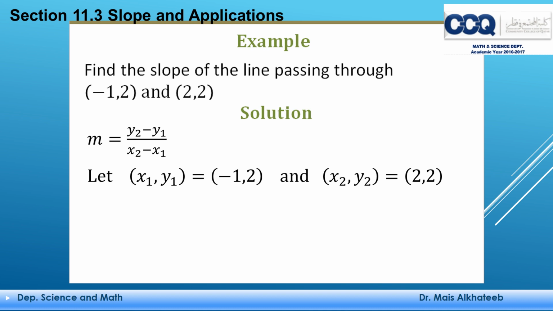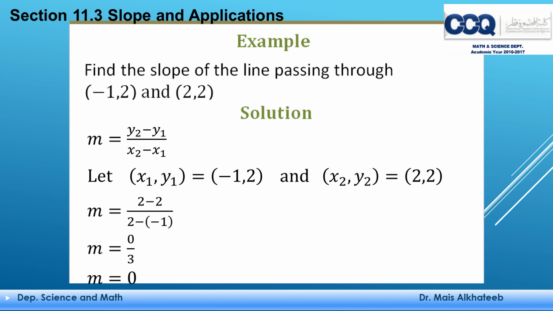Instead of y2 you put 2, instead of y1 you put 2, so 2 minus 2. Instead of x2 you put 2, instead of x1 you put minus 1, so minus minus becomes plus, giving 2 plus 1, which is 3. So 0 over 3 equals 0.